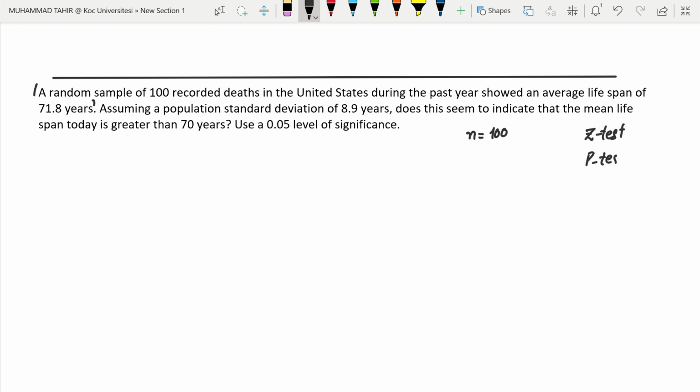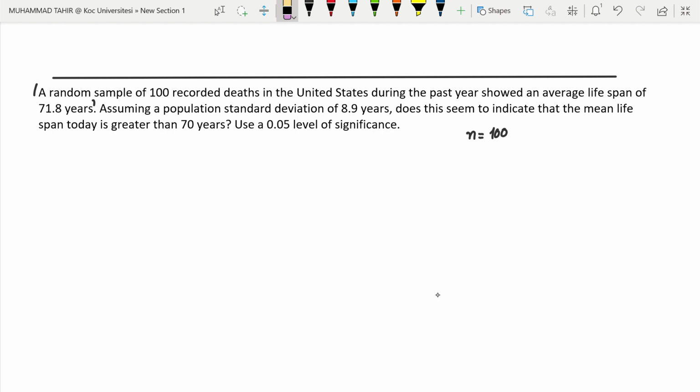It's up to you. Similarly, if n is less than 30 and sigma is unknown, you can perform t-test or p-test. But if the question says perform z-test or p-test or t-test, then you do that. If it is not written, then you need to decide by yourself.